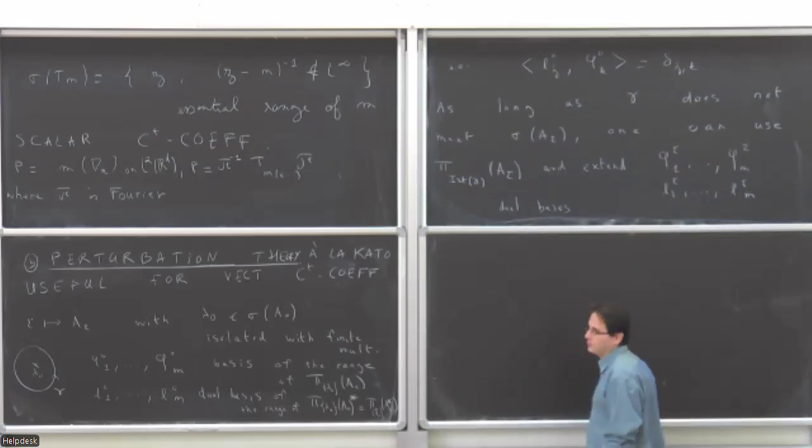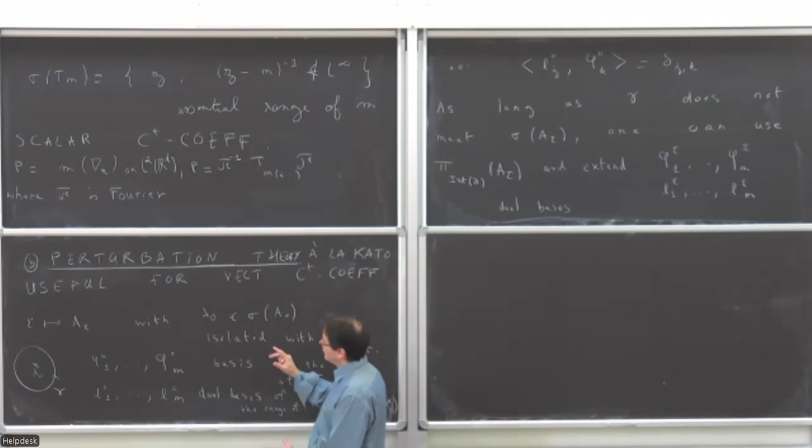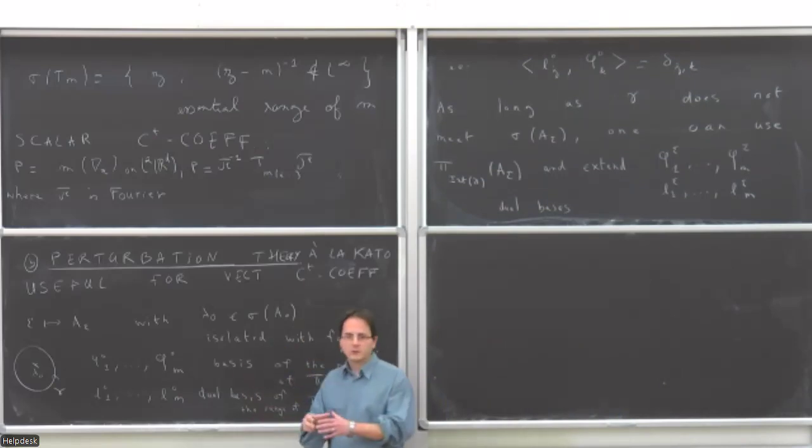We need to get coordinates. Why do I care about coordinates? It's actually because once I have coordinates, I will be able to form a matrix of size n. I'm studying a matrix of size n.